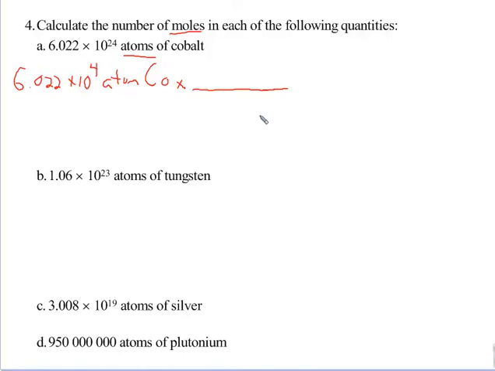You just need to know Avogadro's number. We want atoms to cancel and we want to be left with moles. Make that an O. So our atoms cancel, we're left with mole, and that's what we need.